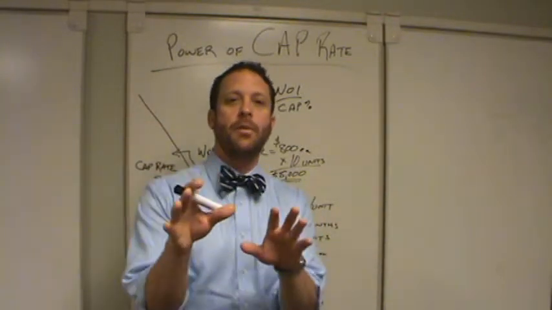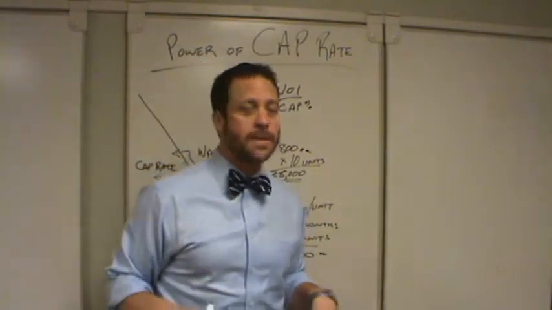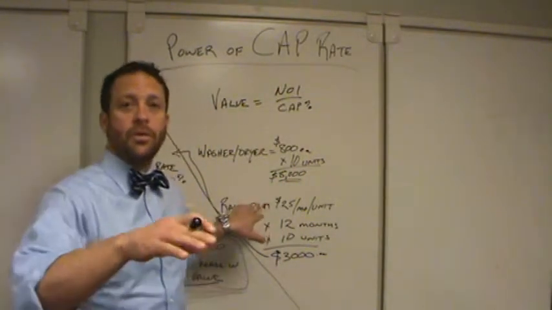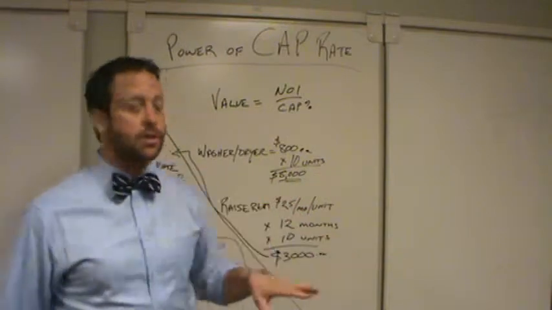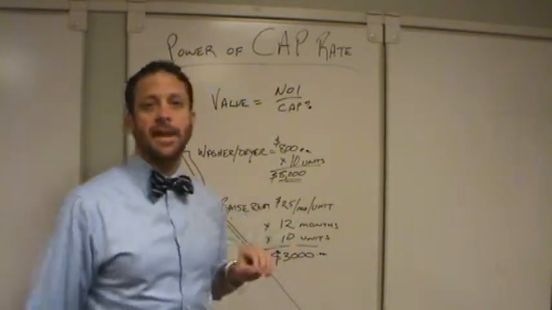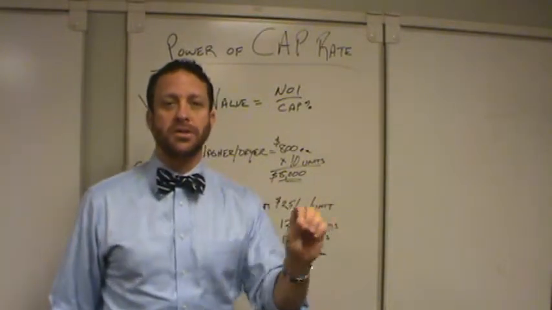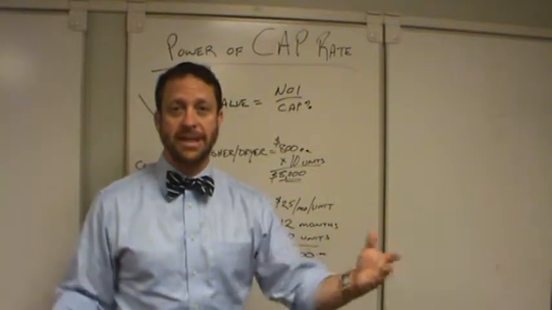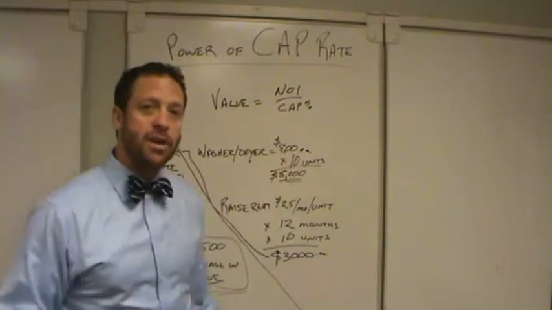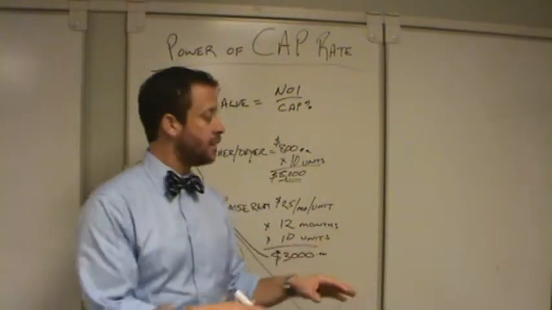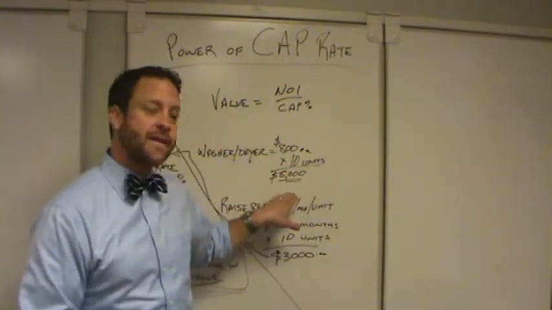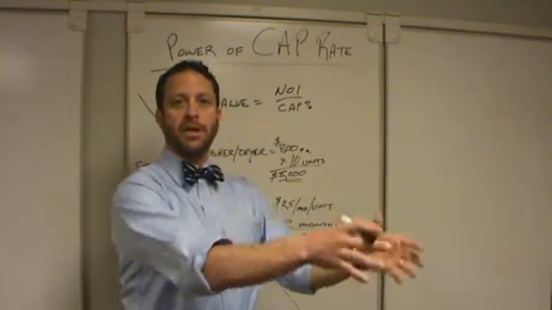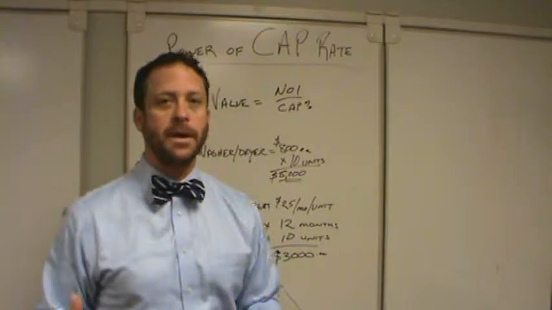So I want to give you an example here on how this works. Say I've got an apartment building with 10 units in it, which I do, and say that I was going to add brand new washer and dryers to each unit, which I did. It cost me $800 per unit times 10 units. That's $8,000 in cash that it cost me to put brand new washer and dryers in this apartment complex.